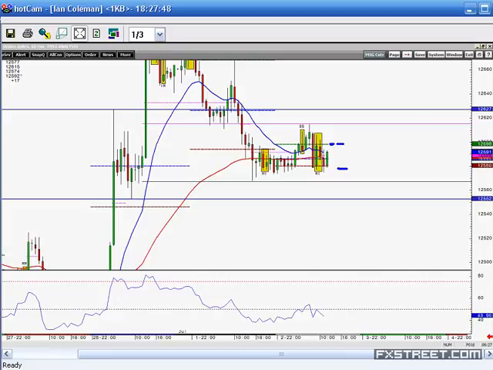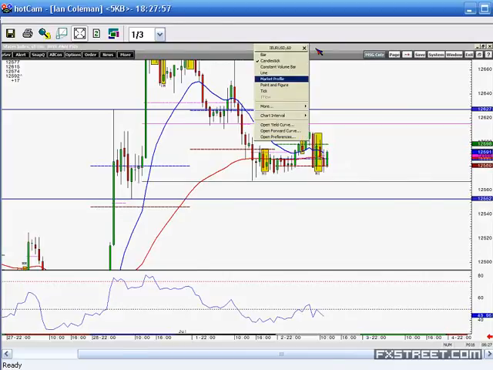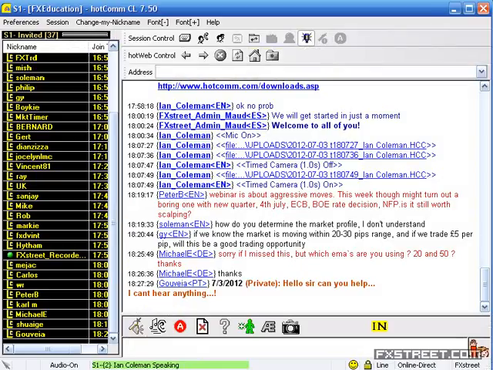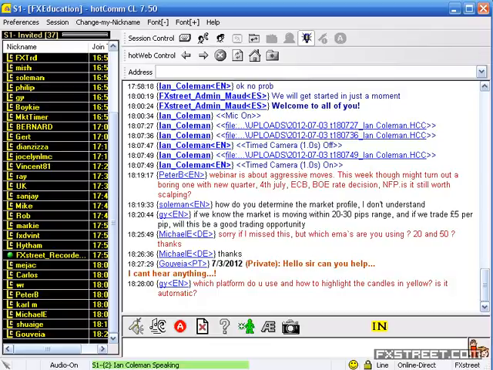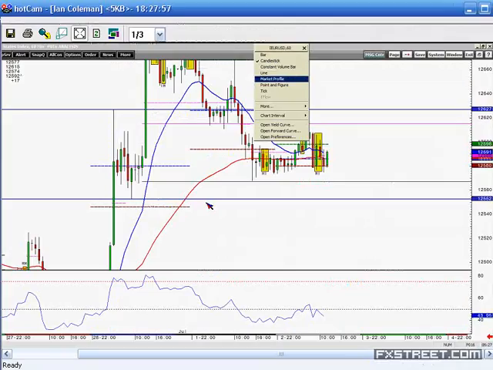Okay, so we're just going to take this off for a second, and don't all think that this looks highly complicated. Take these lines off that I put on earlier. So as I said, market profile, and I hope you can see that. Can you still see that, guys?